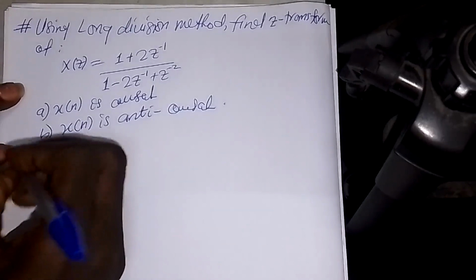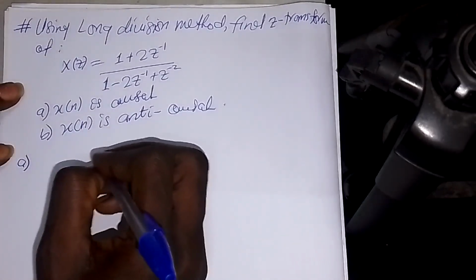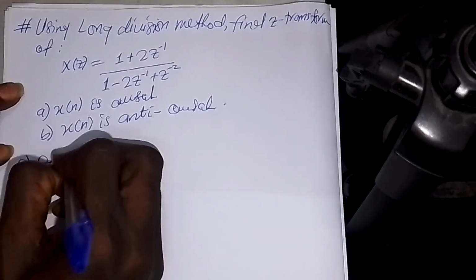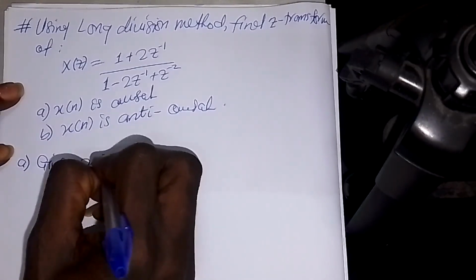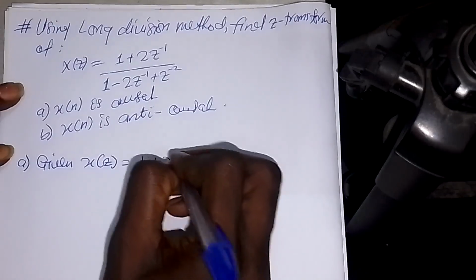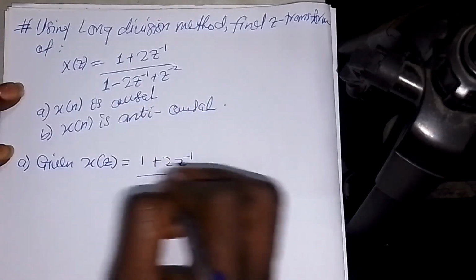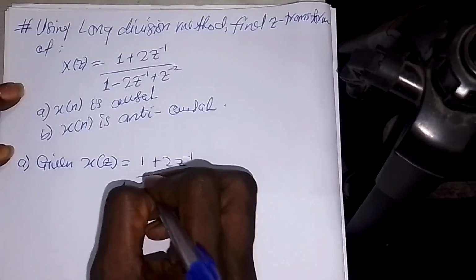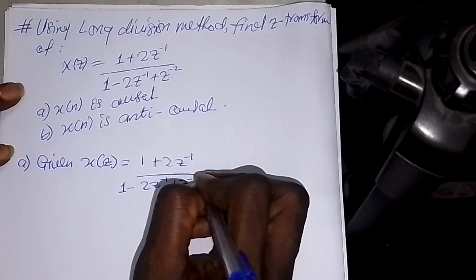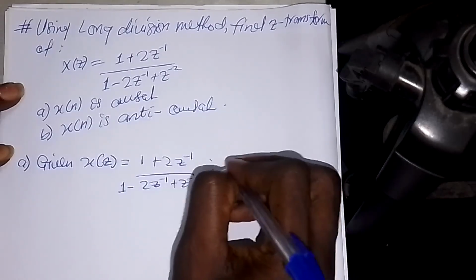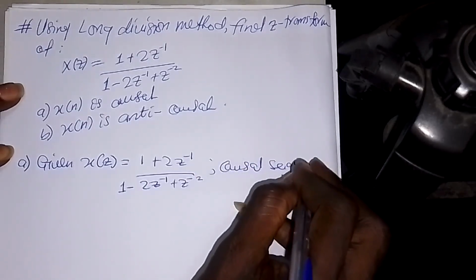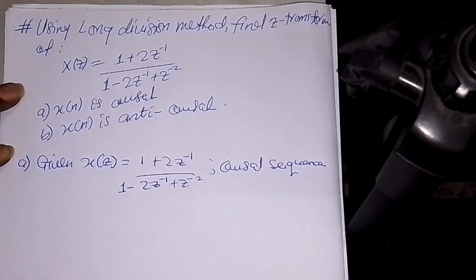If it is causal, then part A: we're given X(z) equal to 1 plus 2z^-1 over 1 minus 2z^-1 plus z^-2, which is a causal sequence.